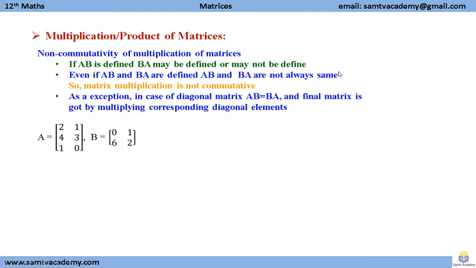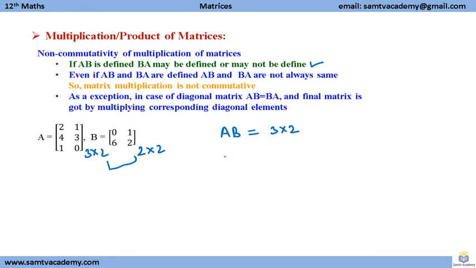This says that if multiplication of AB is possible, BA may or may not be possible. Here the order of A is 3 by 2 and B is 2 by 2. If we want the product AB, it is possible because columns of A equal rows of B. So AB is defined and its order will be 3 by 2 after multiplication.